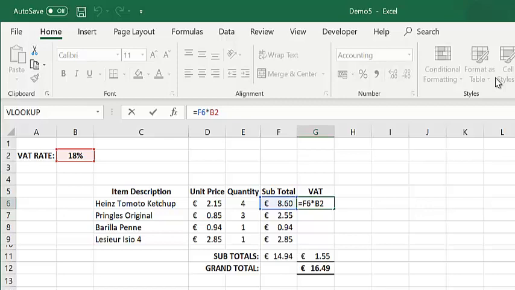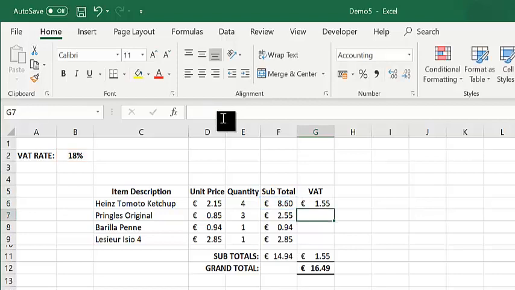So what we can do is encapsulate the letter B with $ signs, as you can see in the formula. If we press enter and then we replicate, the VAT rate and the VAT calculations are now being done correctly.